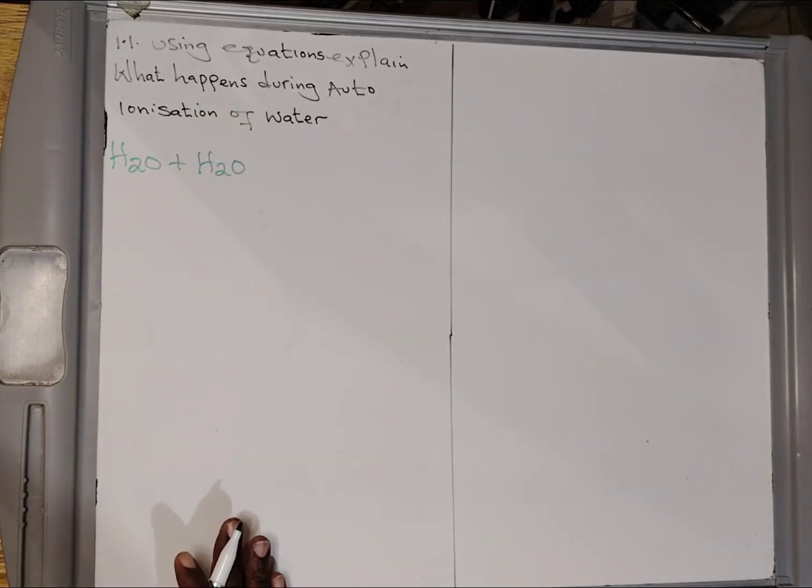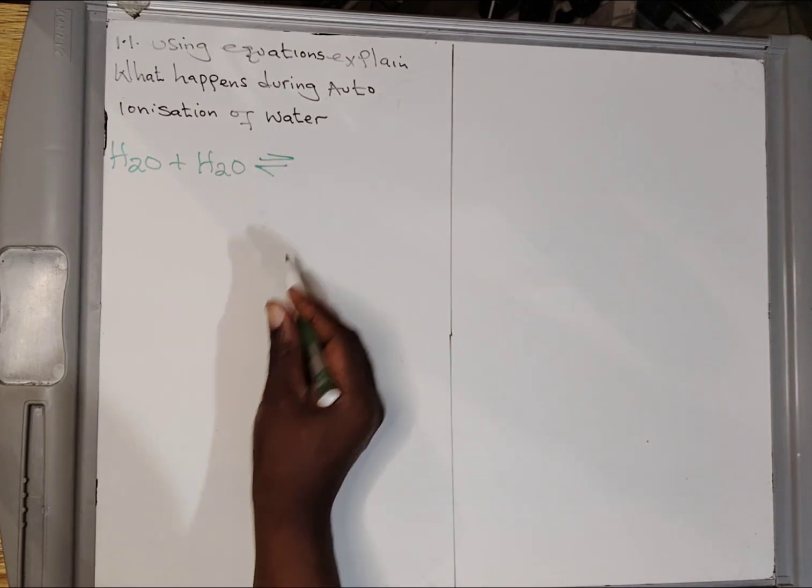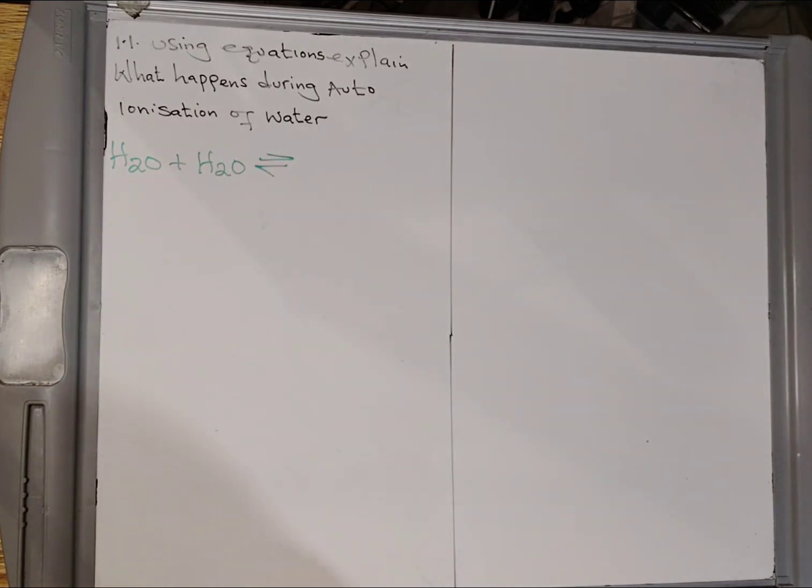reacting with each other. Now, I want you to know that whenever we are doing these equilibriums of acids and bases, we use the Lowry-Bronsted idea. What does it say? It says that an acid is a proton donor and a base is a proton acceptor.